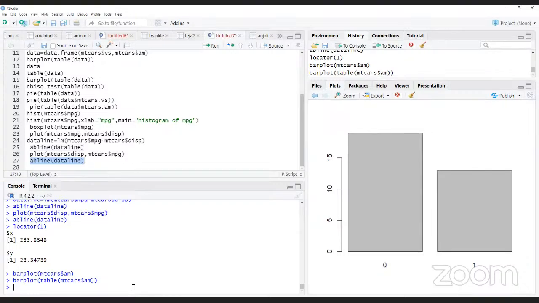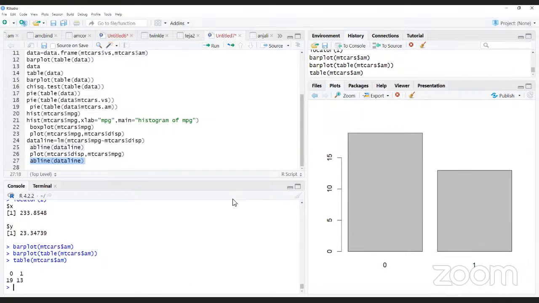So you will find that the 0 value is maximum in comparison with the other. So just remove the bar plot. Next, you write down table mtcars, remove the bar plot, enter.